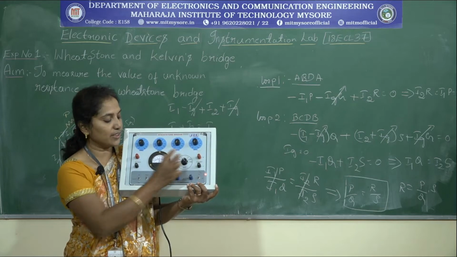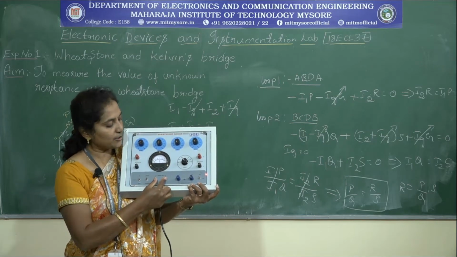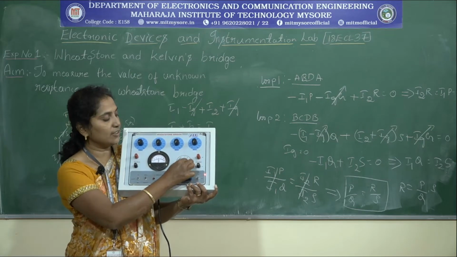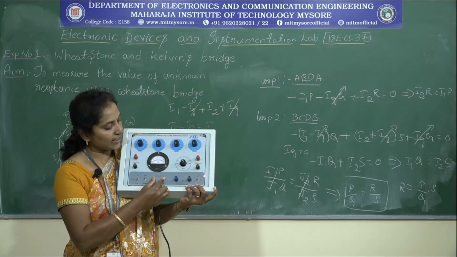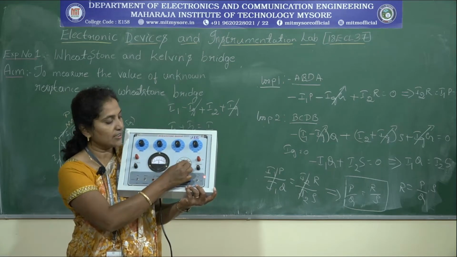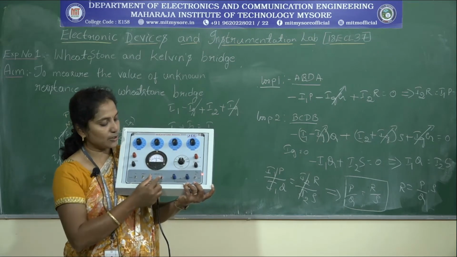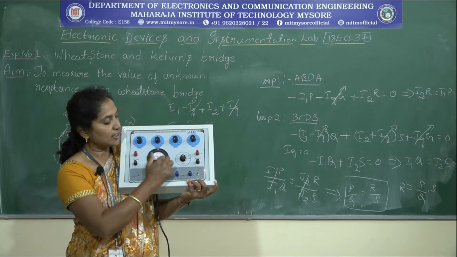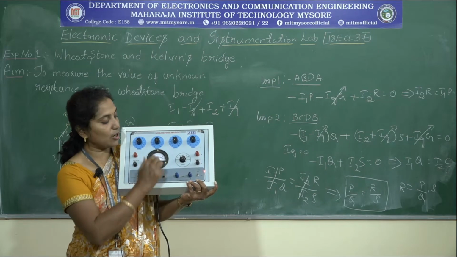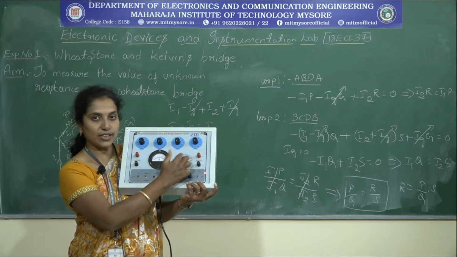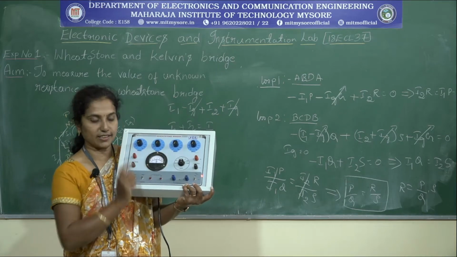Then again vary, again you check, again it shows the current. See, again you check, again it goes in this direction. Then increase one more ratio. See, here the galvanometer shows in the opposite direction. That means in between here only you have to vary the resistance.